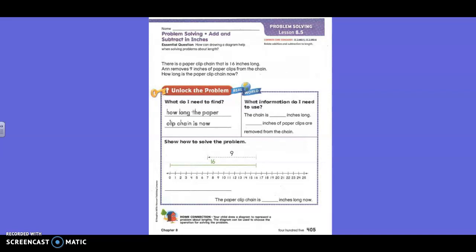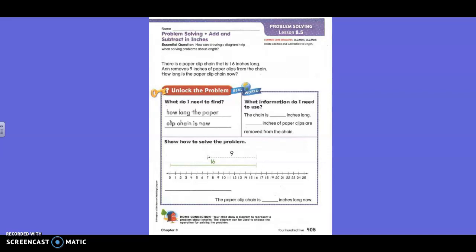Okay, it said we're going to do some addition problems and some subtraction problems. By looking at this problem, what are we going to do and how did you know that? Think about this. There is a paperclip chain that is 16 inches long, but then Anne removes 9 inches.